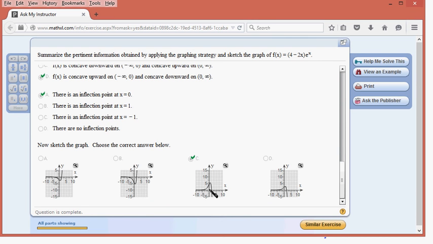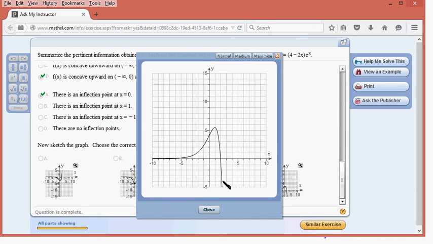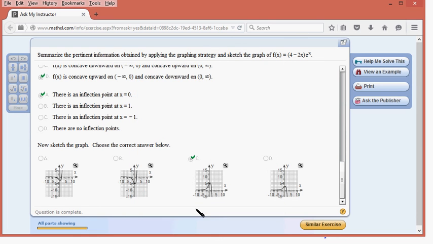Before 0, it's concave up, and after x equals 0, concave down. So C is promising, and let's look at D.